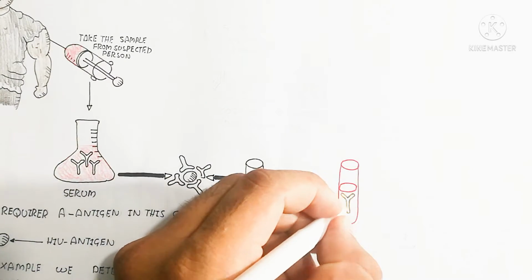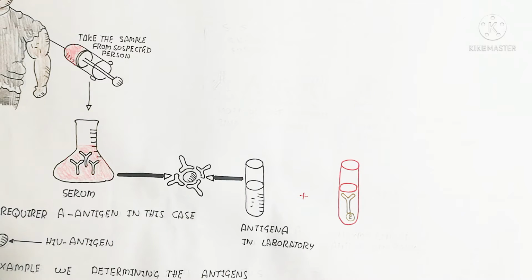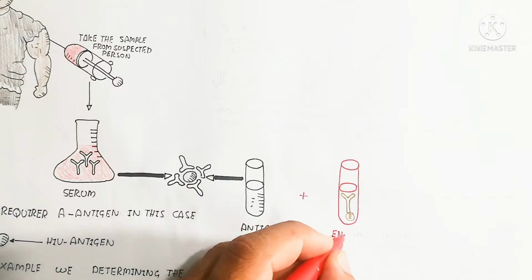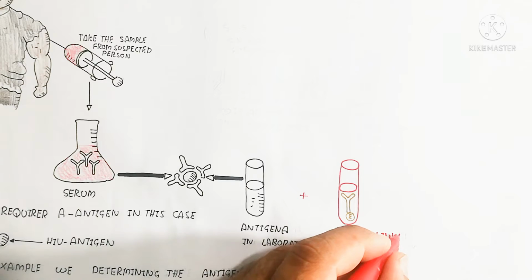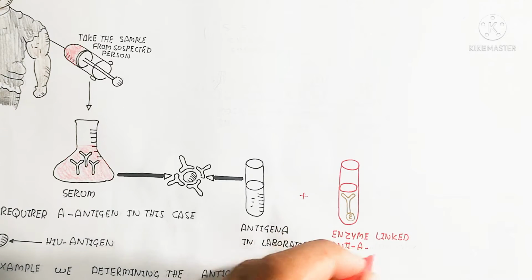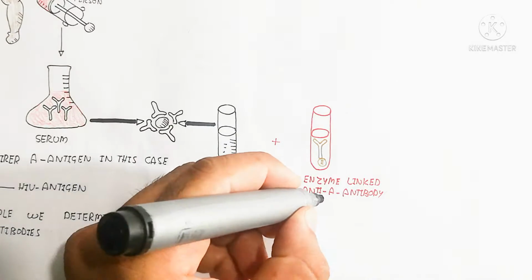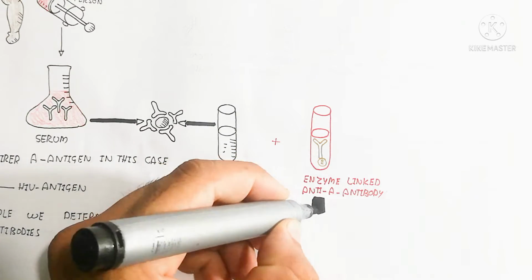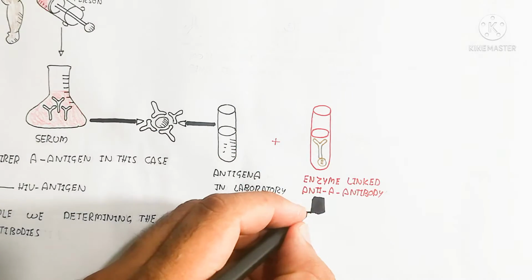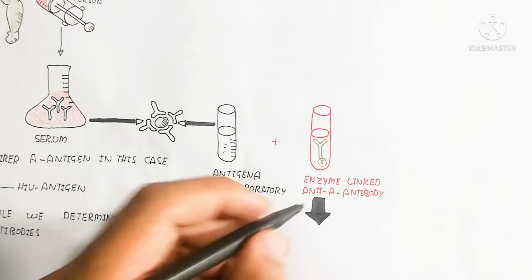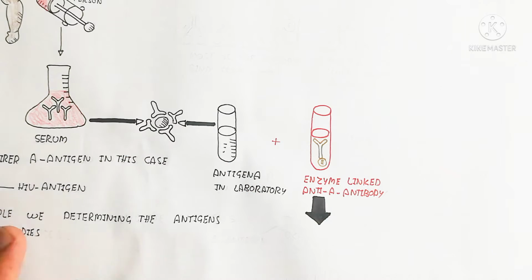Here is also one more important thing: the enzyme linked antibody, which is also produced in the lab, and the enzyme is conjugated to the antibody.